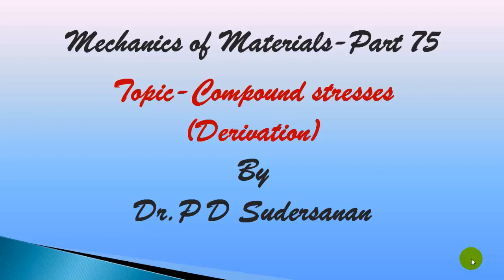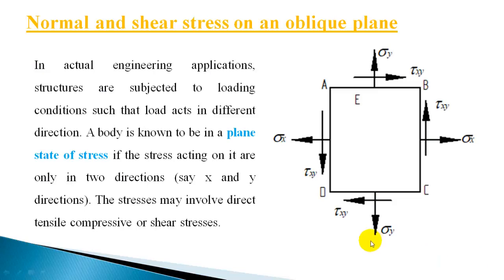In today's class, I'll start a new topic, compound stresses. In actual engineering applications, structures will be subjected to a number of loads in different directions. If a body is subjected to loads only in x direction, it is one-dimensional loading.